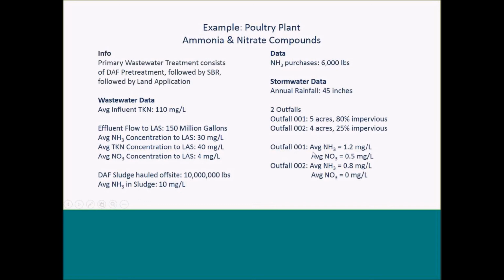And then I also happen to have some analytical data for my stormwater runoff, which I have here. Real quick on the stormwater outfalls, what this spreadsheet is doing is going through and looking at the drainage area as well as the runoff factors for stormwater to come up with a flow. And then that flow volume for the various outfalls is used to calculate your mass loadings of the various constituents required under TRI, ammonia and nitrate.